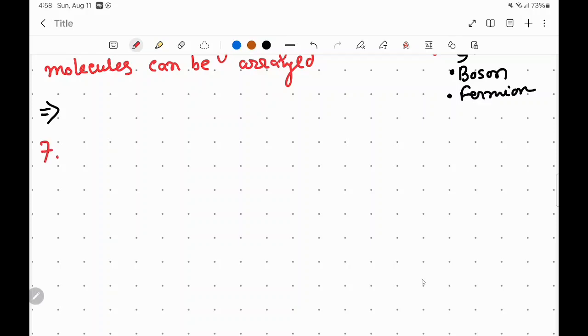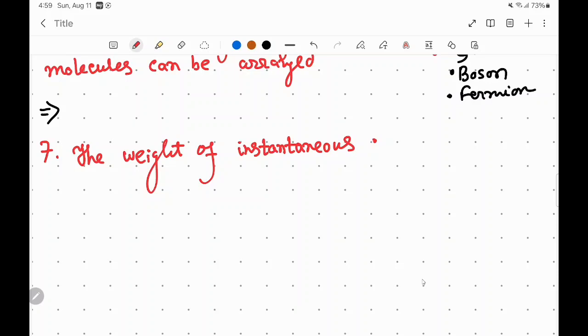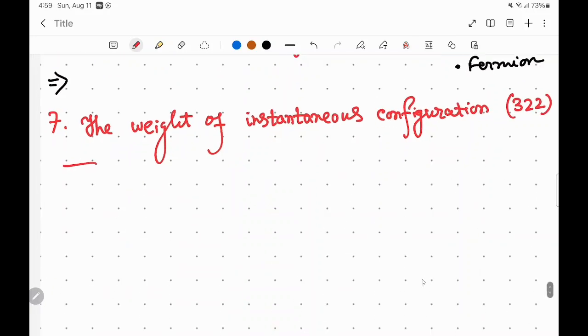Now the weight of the instantaneous configuration 3, 2, 2. This is straightforward.